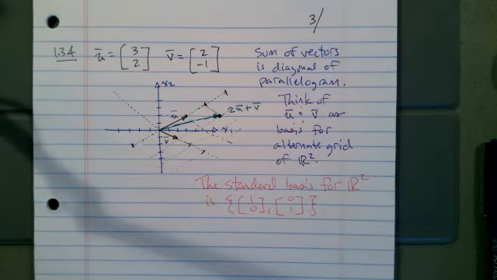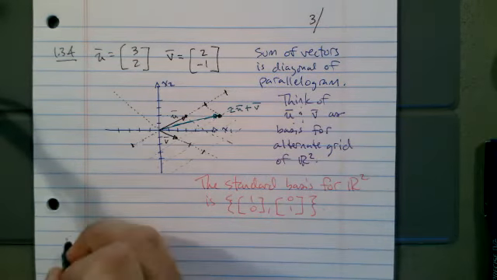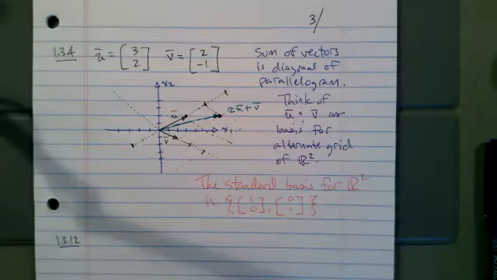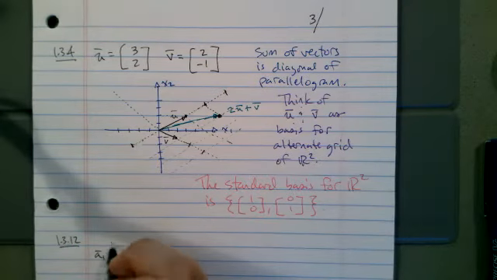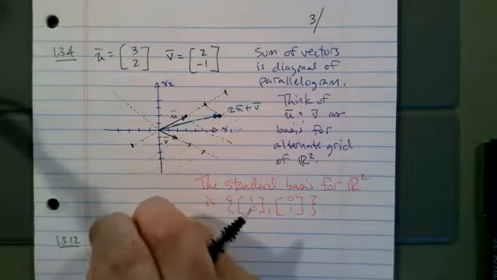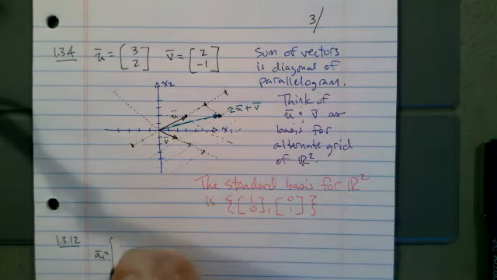Problem 12 asks a different question. In problem 12, I'll write down the vectors. We want to determine if B is a linear combination of A1, A2, and A3. A1 is 1, 0, 1.